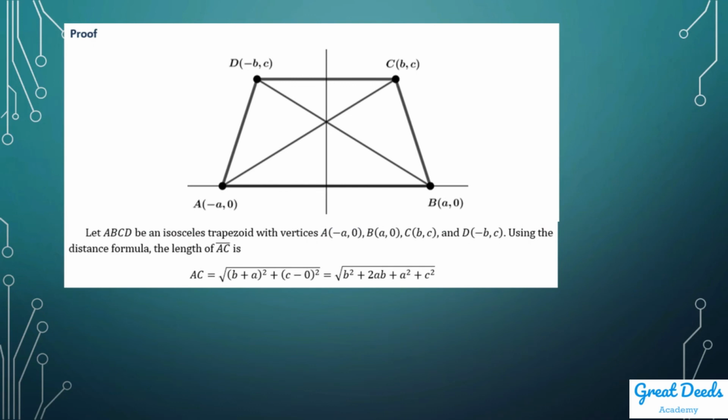Let ABCD be an isosceles trapezoid with these vertices. Using the distance formula, the length of one diagonal, AC, where is AC here?